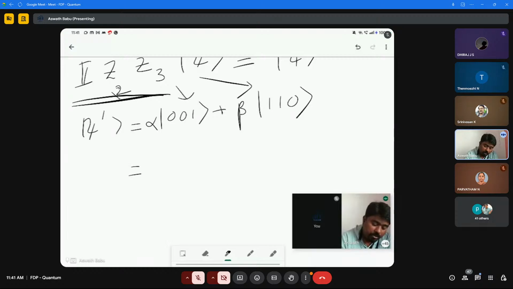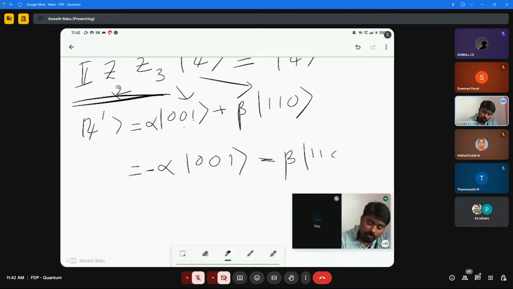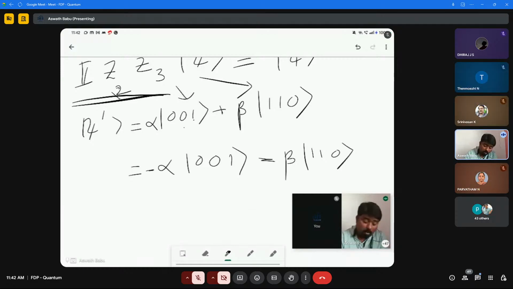You see Z2 acting on 0 gives 0, Z3 acting on 1 gives minus 1, not just 1, minus 1. Now identity acting on 1 keeps it 1 as it is. Z2 acting on 1 gives you a minus sign. Let me put that minus sign here. And Z3 acting on 0 keeps it 0 as it is. So now there is a minus sign for alpha and for beta.